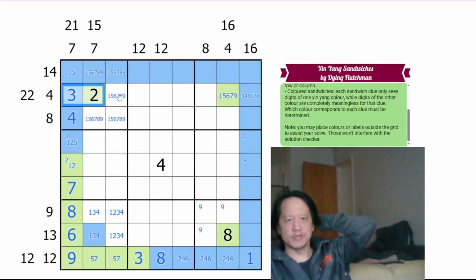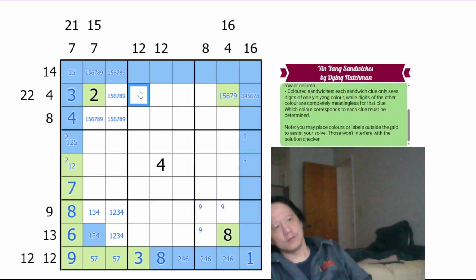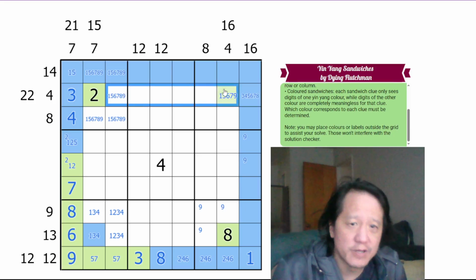There's only so many blues you can have. You can only have 3 blues at most. So you're guaranteed at least 2 greens here because of the yin-yang shading. It could be a lot of greens though.